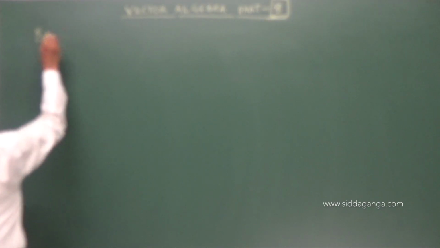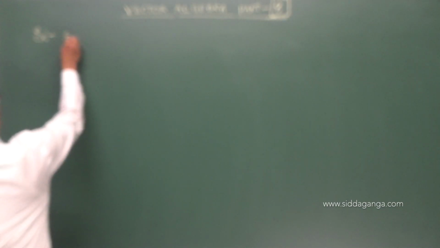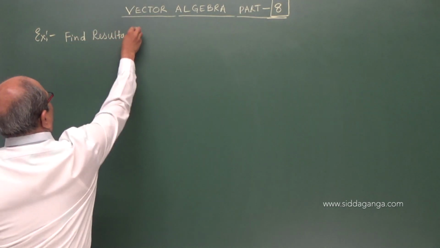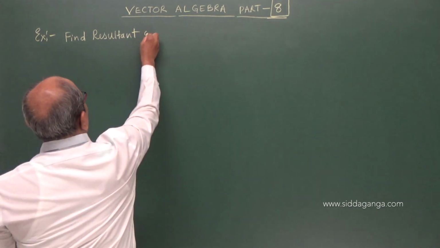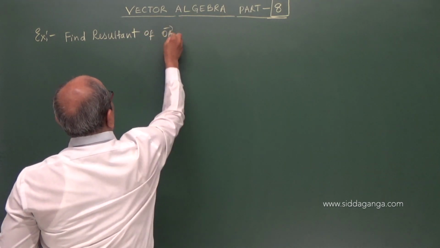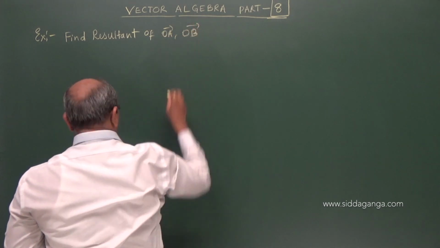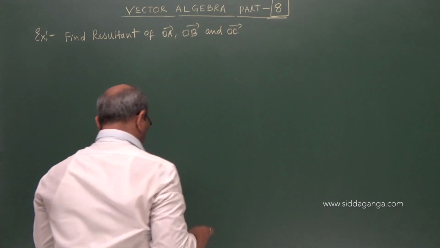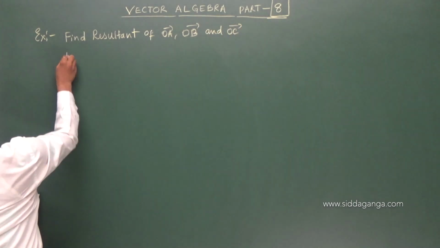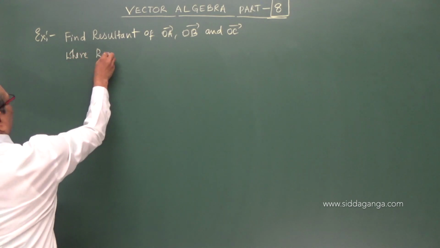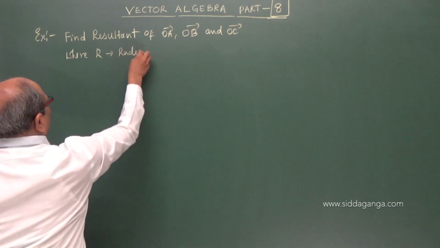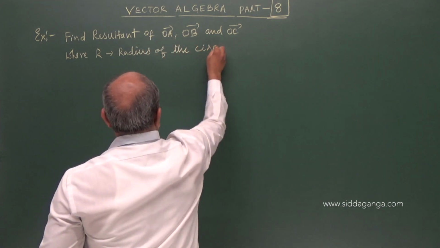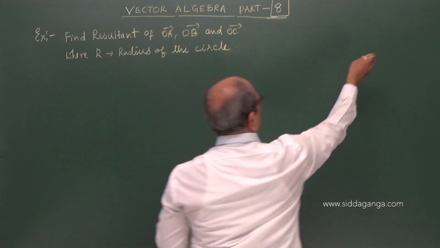Let us come to another example. Find the resultant of OA, OB and OC, which are radii of the circle. The figure is given.